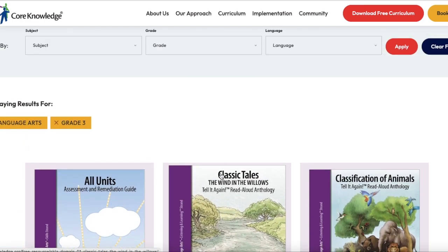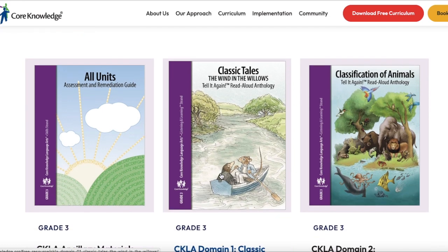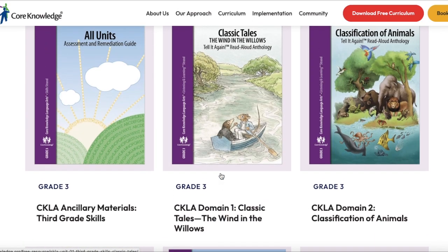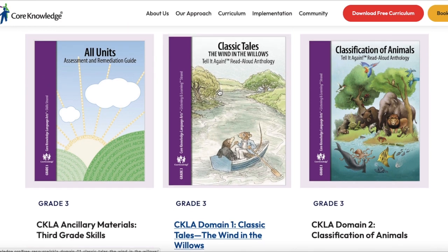But she's got a really good background knowledge because one of the core parts of Core Knowledge is building upon itself. It's introducing science and history in preschool and kindergarten levels and building upon them every year. I've definitely seen that in my 7-year-old. She's able to grasp higher level concepts in our group subjects because she has the contextual knowledge offered through these language arts units. So we're going to look at The Wind in the Willows first.